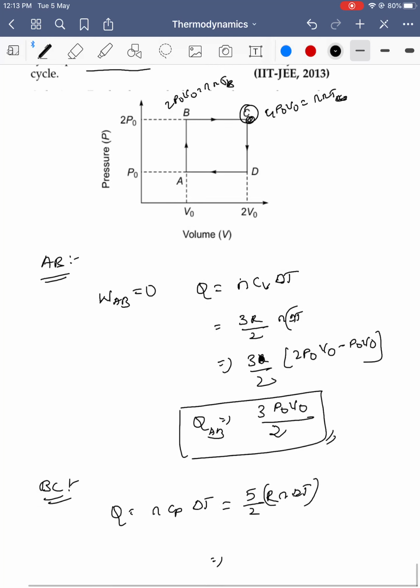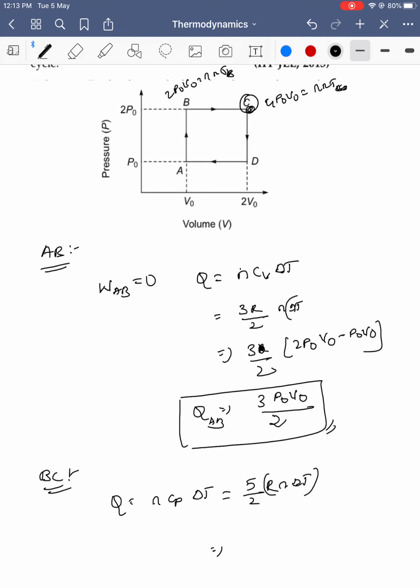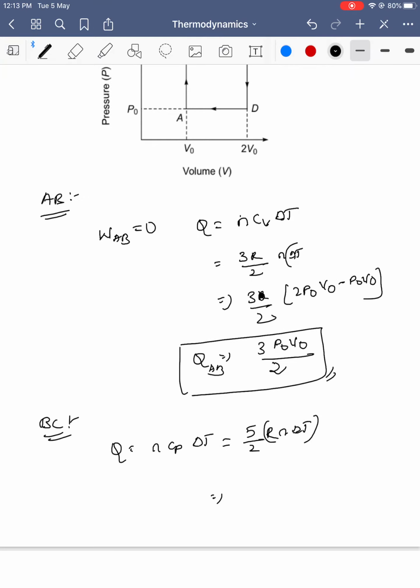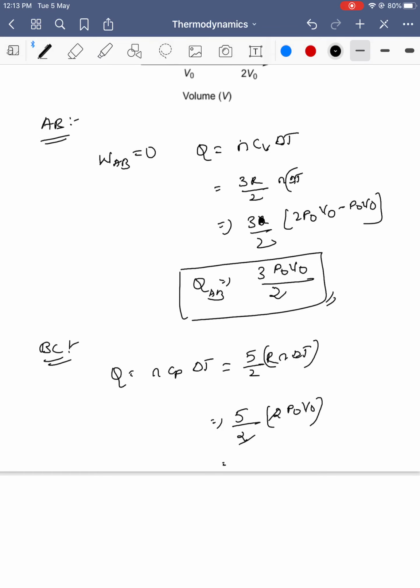So nR(TC minus TB) is nothing but 4P0V0 minus 2P0V0, which equals 2P0V0. 5 by 2 times 2P0V0, it gets cancelled, it is equal to 5P0V0. This is Q from BC.